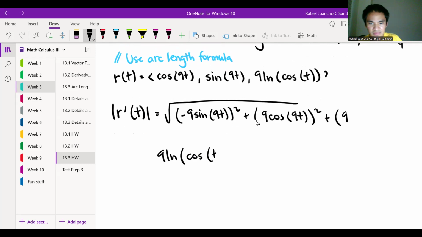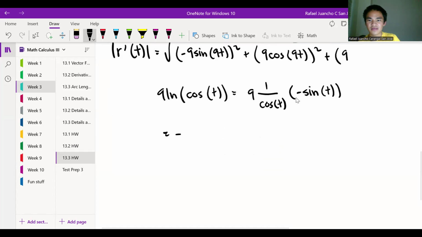Let's take it step by step. So this is 9. I leave the 9 alone. ln, so I do a 1 over cosine t. And then I do a chain rule for cosine of t. So that's going to be negative sine of t, right?